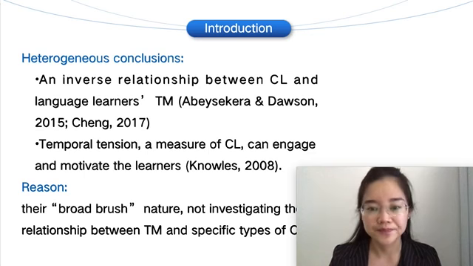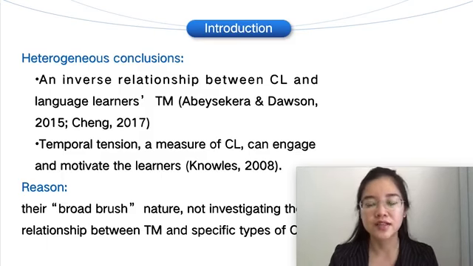In other words, learners are much more likely to be discouraged by tasks that entail higher cognitive load. However, other researchers disagree. For example, Knowles in 2008 argues that temporal tension, a measure of cognitive load, can engage and motivate the learners.